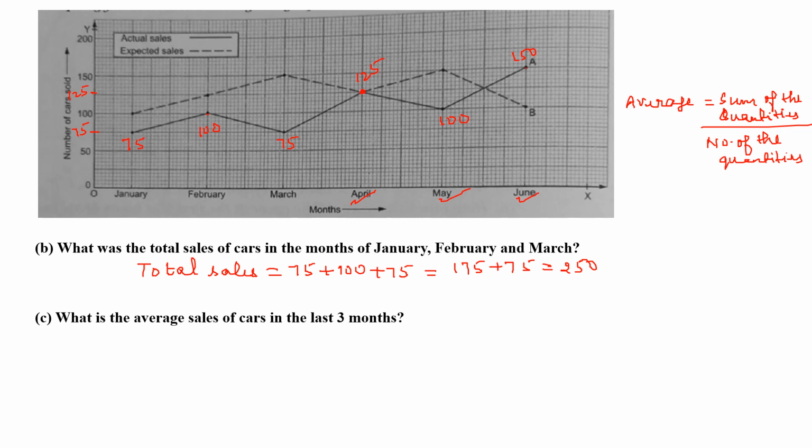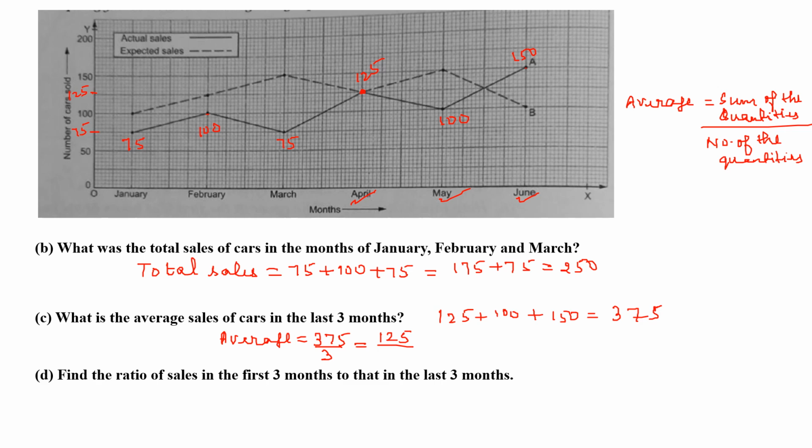The sum will be 125 plus 100 plus 150. And if you add it, you will get 375. So average is 375 divided by 3. And if you divide it, you will get 125. So this is the average sale of the car in the last 3 months.